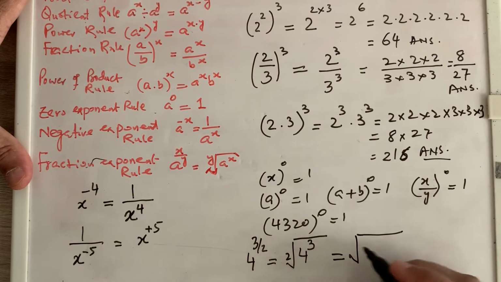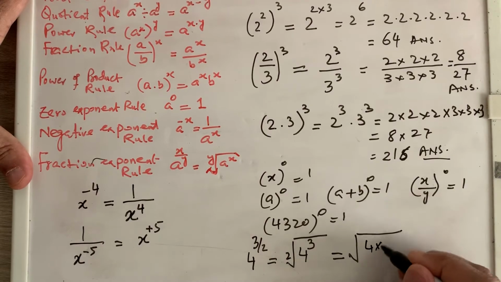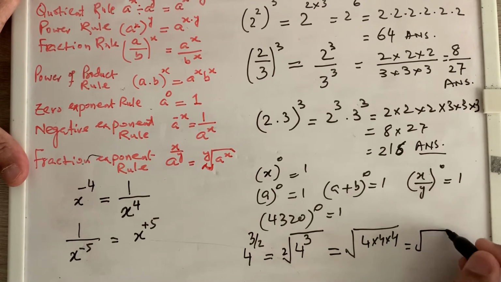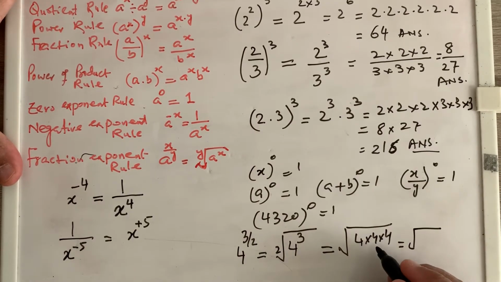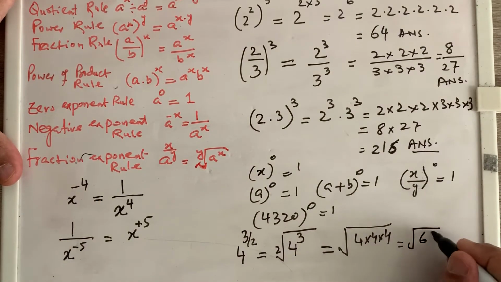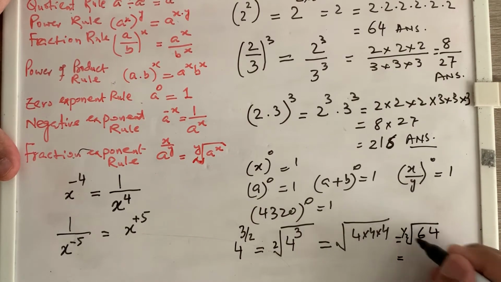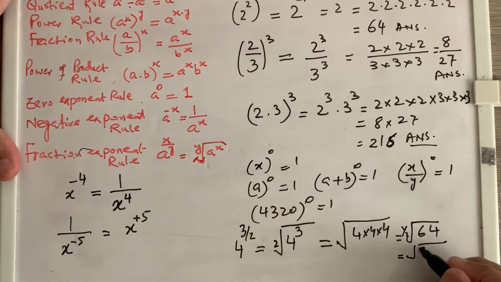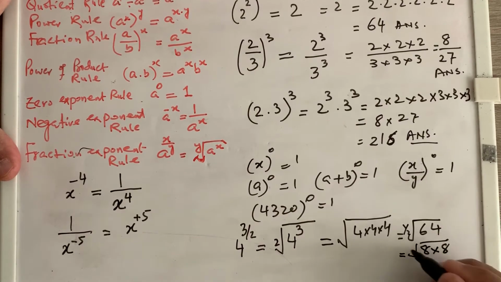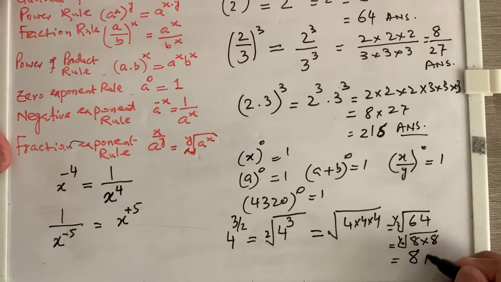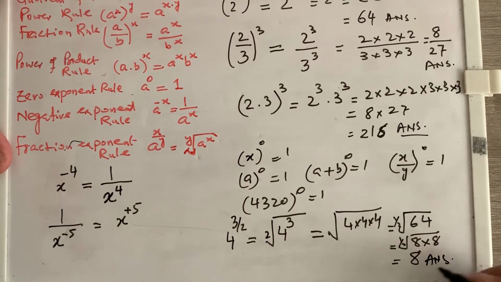So 4 to the cube means 4 times 4 times 4. 4 times 4 is 16, times 4 is 64, and if you take the square root of 64, because it's a half power, 8 into 8 is 64, so 8 is your answer.